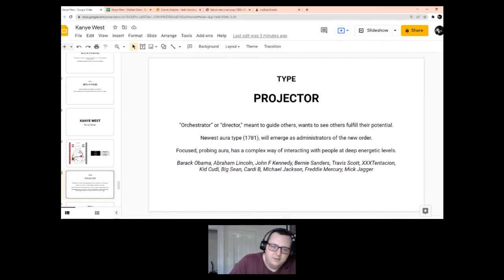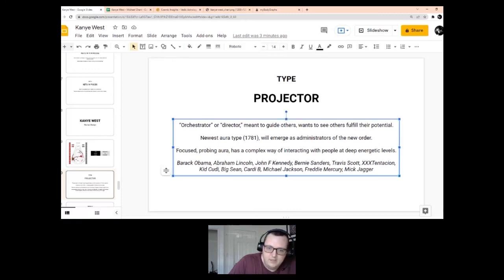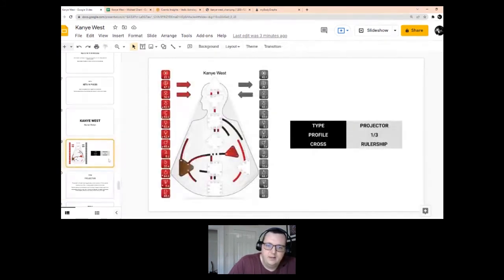There's mainly manifestors and generators before, but projectors are coming along because they have a different type of aura. So basically it's a focused probing aura and has a complex way of interacting with people at deep energetic levels. So it actually plugs into the self center here. So it gets really deep and connected to other people.